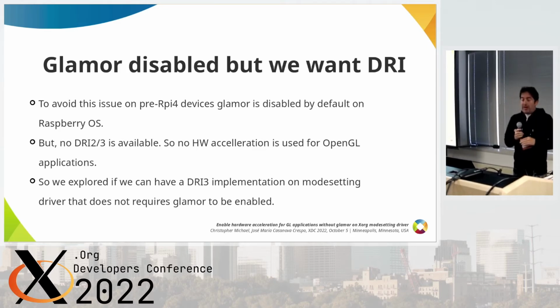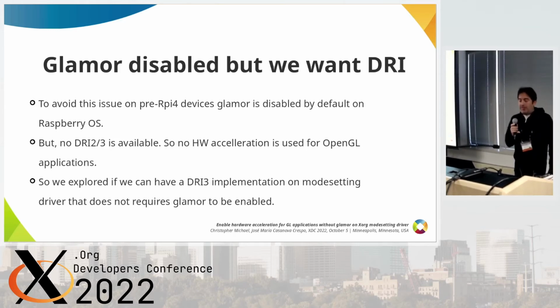So one of the solutions is just to disable Glamor. But if we have this disabled, we don't have access to the hardware acceleration. So for the devices previous to Raspberry Pi 4, the decision that was taken was to disable Glamor by default.